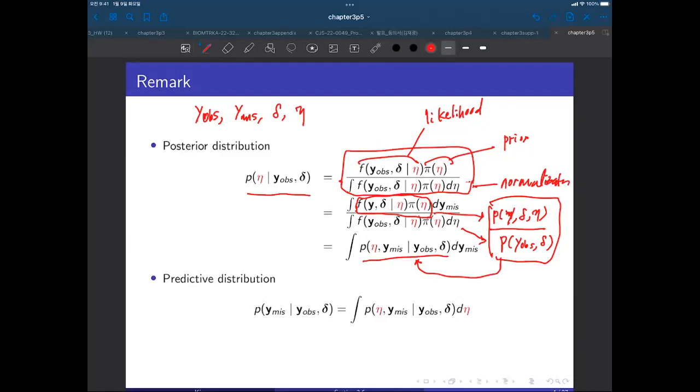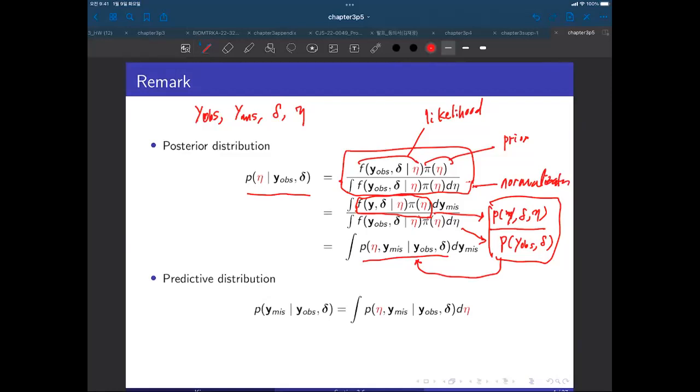So 4 random variables, but we condition on what? Conditional on y obs and delta, marginal density of the y. So then what is unknown is eta, right? So it's really just the same thing, just a different way of writing down the same thing.